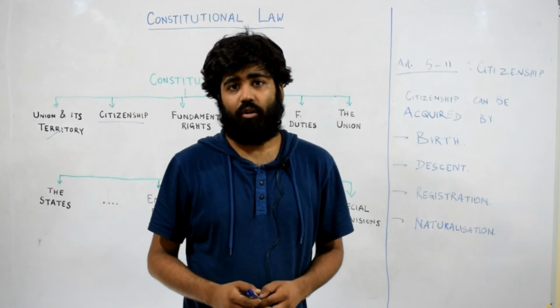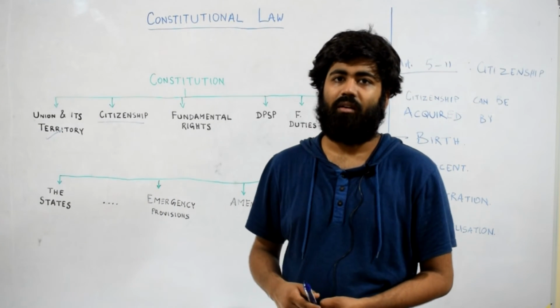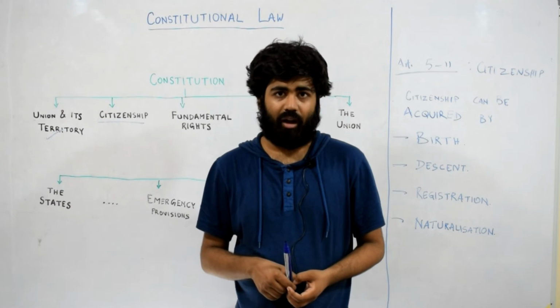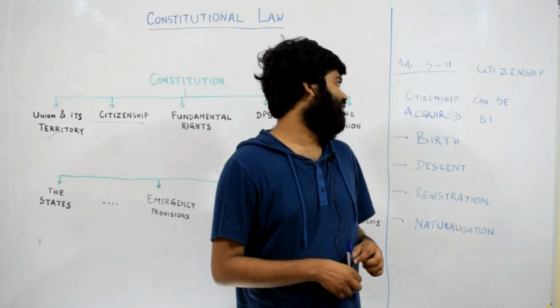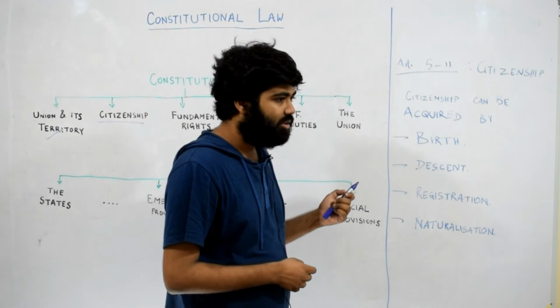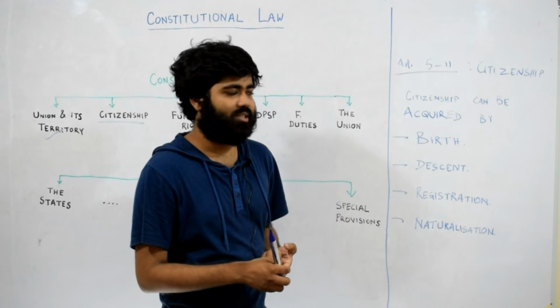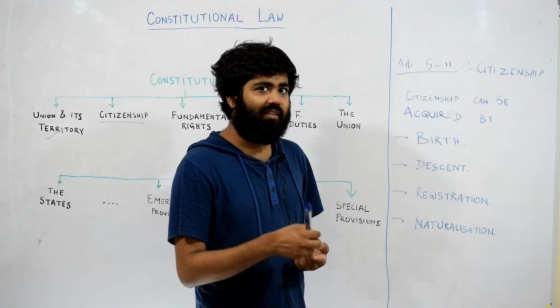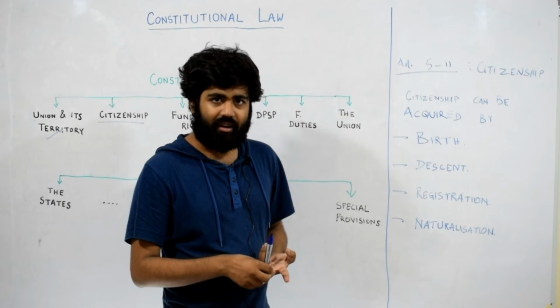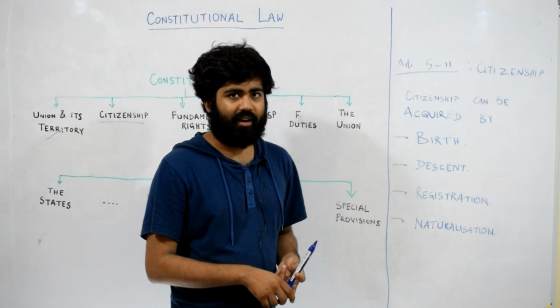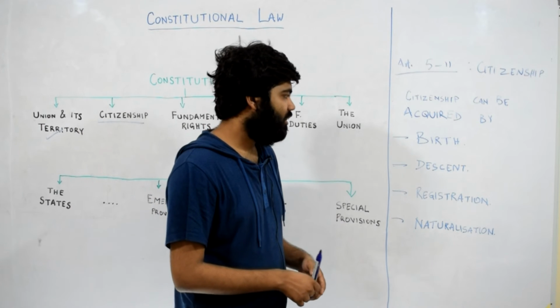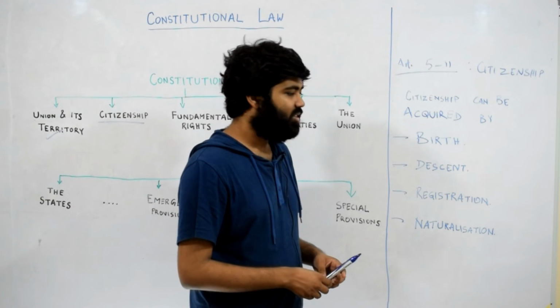Now, to briefly summarize this part, citizenship of India can be acquired in the following ways. First is birth. If you are born in the territory of India, you are a citizen of India. Descent: if either of your parents or grandparents have been born in the territory of India, you are a citizen of India. You can get registration.